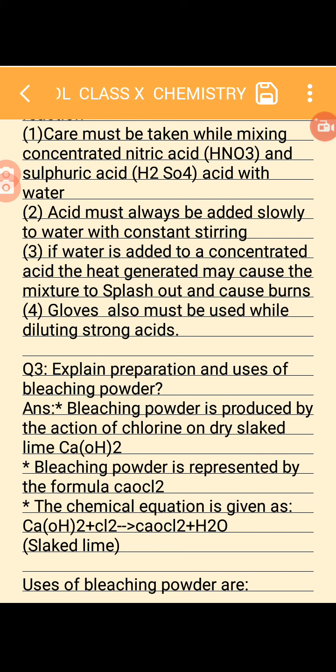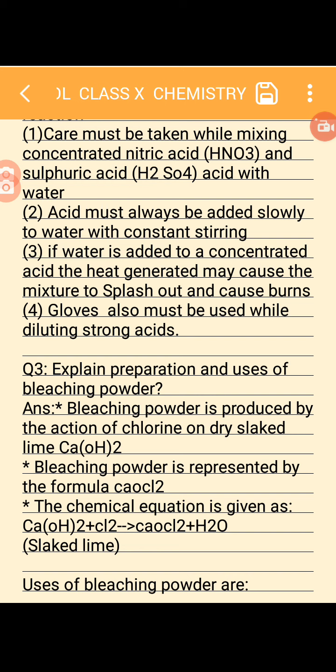Bleaching powder is produced by the action of chlorine on dry slaked lime. When calcium hydroxide reacts with chlorine, it gives rise to calcium oxychloride, which is nothing but bleaching powder, along with the formation of water.